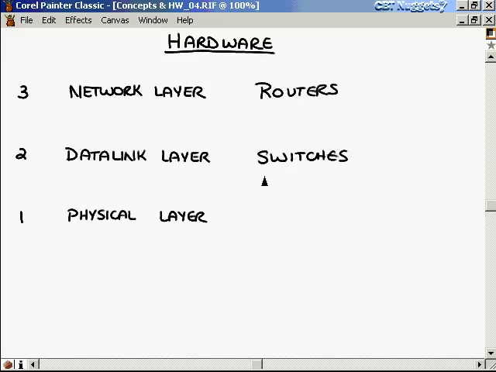Another layer 2 device is a bridge. And then within the layer 1 devices, which is a physical layer, this is where we're going to see the cables that are used to physically tie the devices together. So we're going to go over the hardware in these categories and in this order, starting top to bottom.